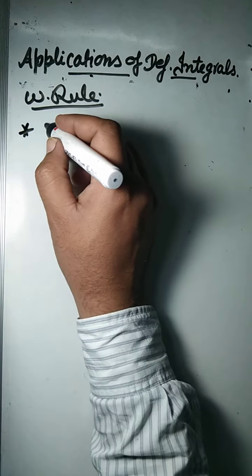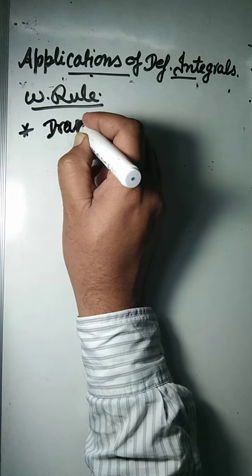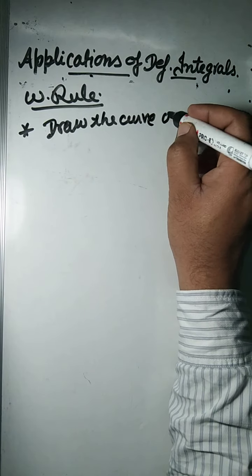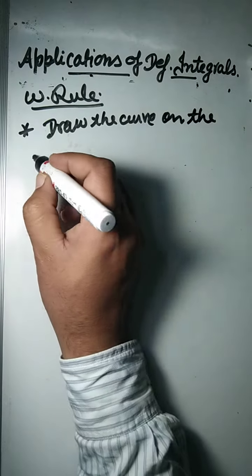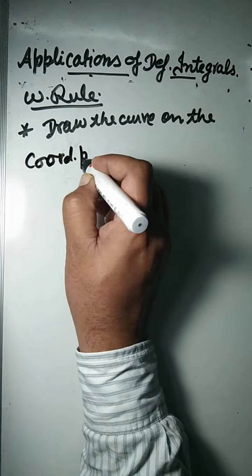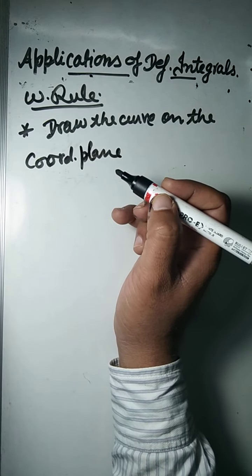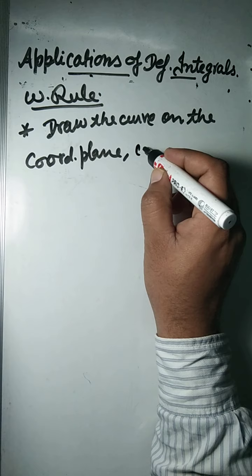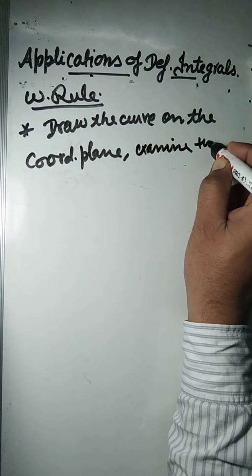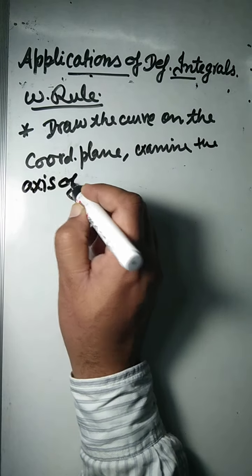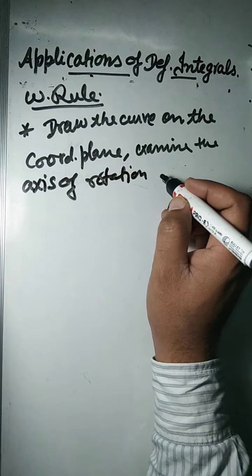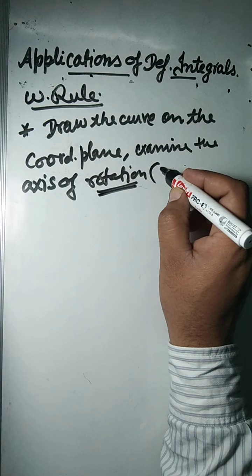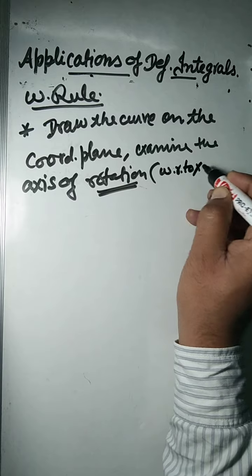Draw the curve on the coordinate plane and examine the axis of rotation, whether it is with respect to x or y.